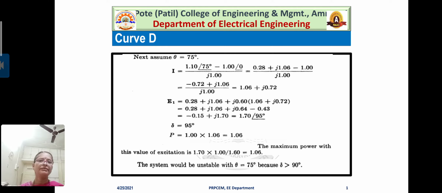Because we know from the single power angle curve, the system enters the unstable region when delta crosses 90 degrees. So here it is mentioned the same: the system would be unstable with theta equal to 75 degrees because delta is greater than 90 degrees.